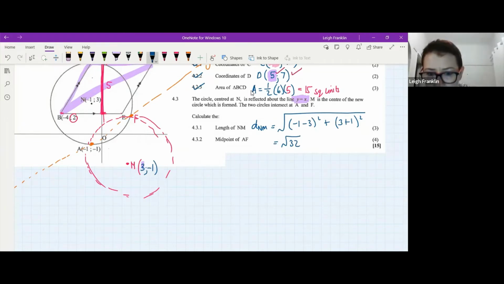Just double check that I am right. Everybody happy with that?